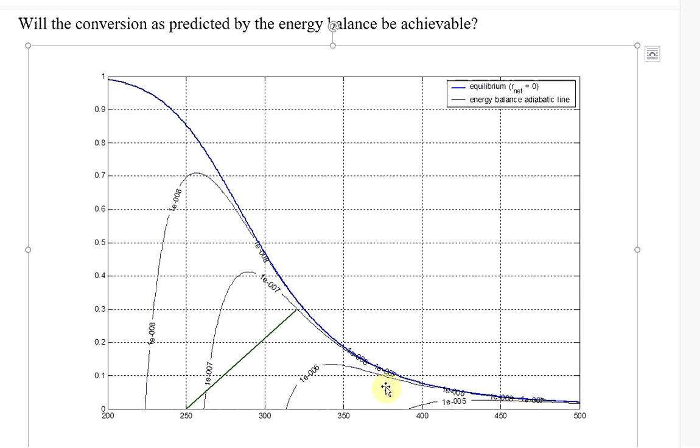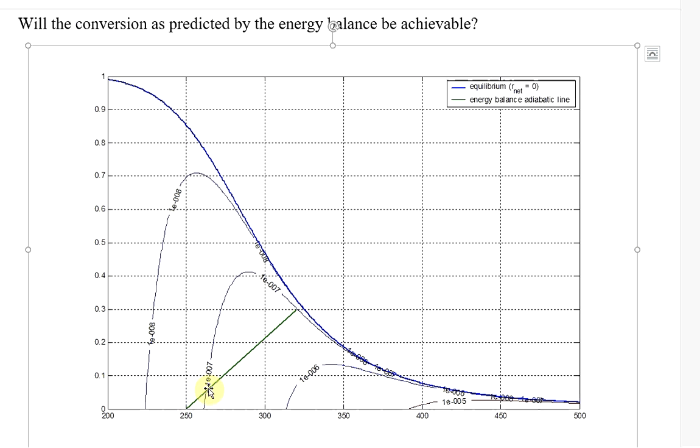And this plane of this equilibrium line and these isorate lines, that's what nature is doing. So nature says, okay, if you are here, then this is what I'm going to do to you. So if you are here, then I'm going to react to you at a certain rate. And you can see that rate varies along this line. So although it looks like a nice straight line, if you start out here, then you can see the reaction rate is between 10 to the minus 7 and 10 to the minus 8.